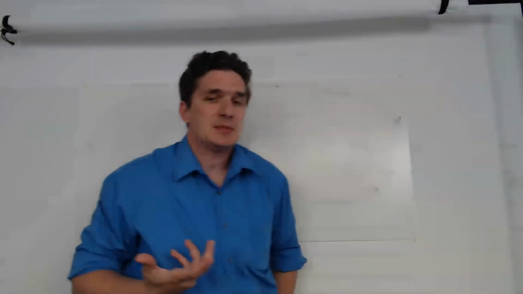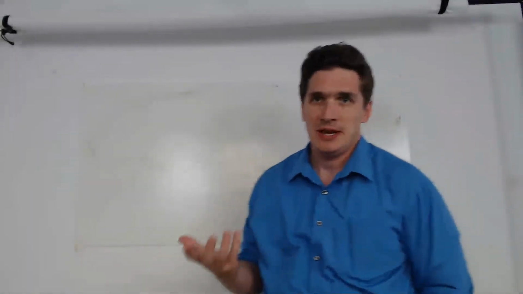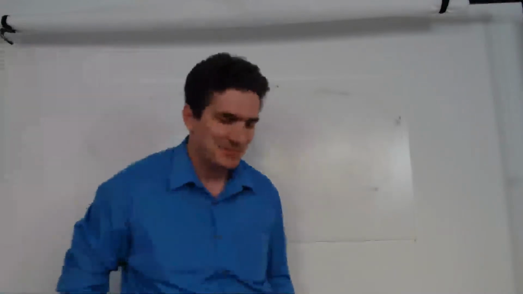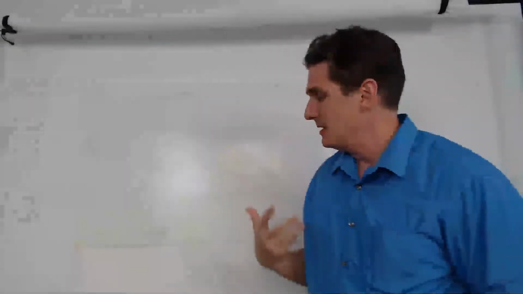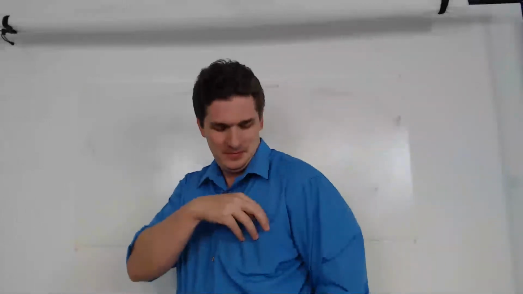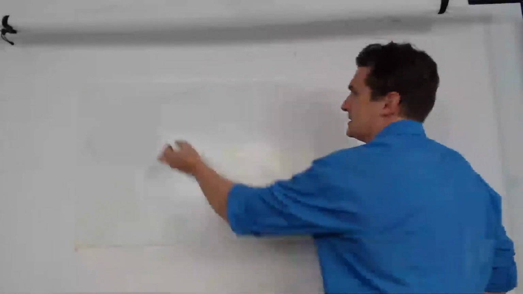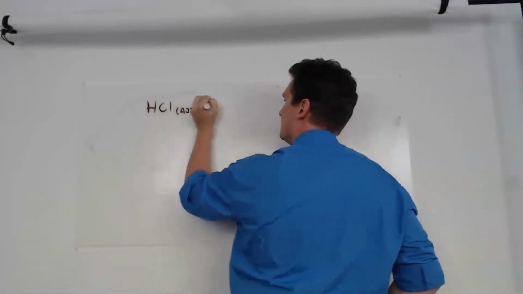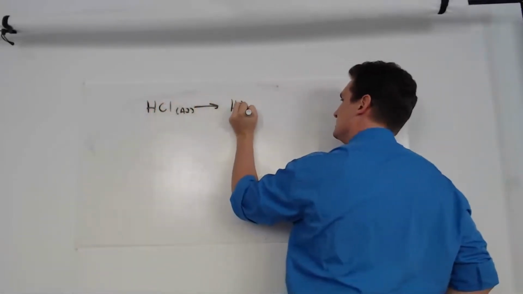So the basic concepts, strong acids versus weak acids. Just out of curiosity for those of you who are on here, do you know the difference between a strong acid and a weak acid? Oh, Elijah's already asking that. So if we look at a strong acid like HCl, this is the reaction.